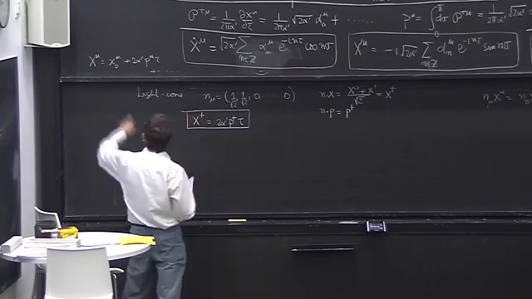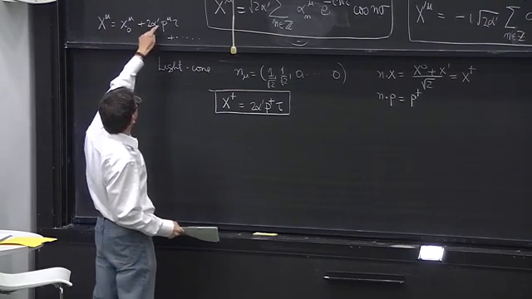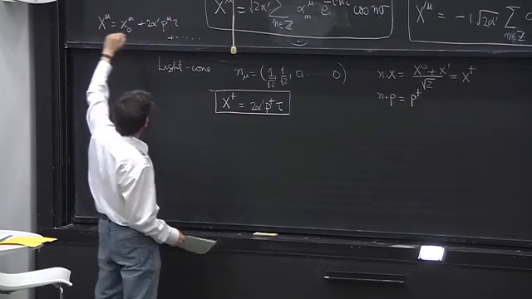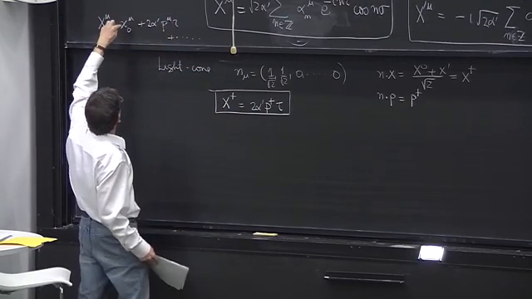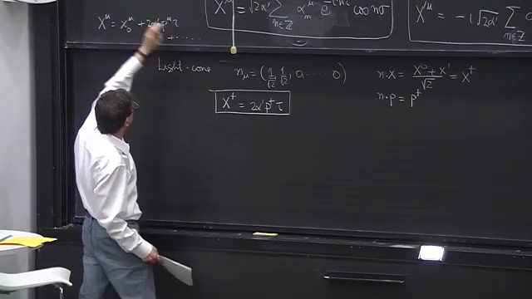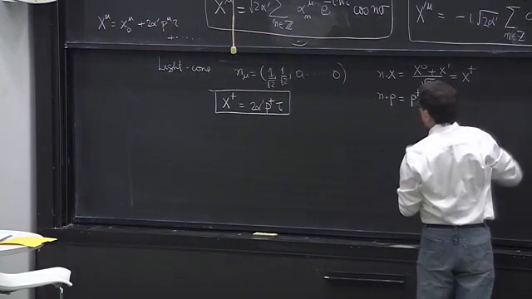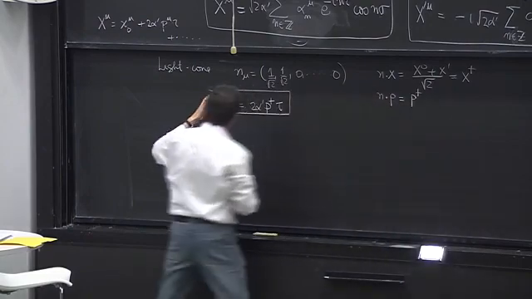And look, x plus is equal to 2 alpha prime p plus tau. So it's of the general form of this solution, but assumes that x0 plus is 0 and assumes that all the alpha n pluses are 0. That's our light cone gauge condition.